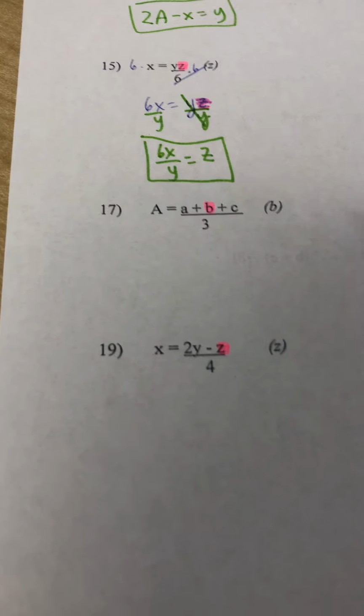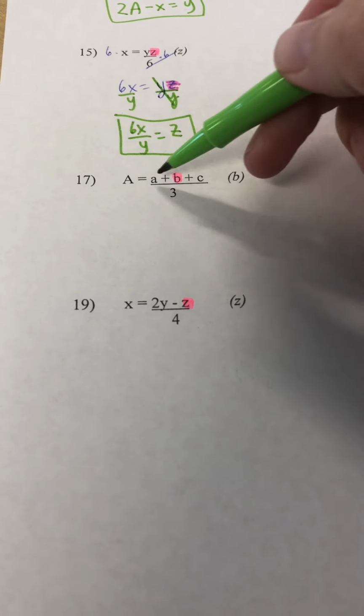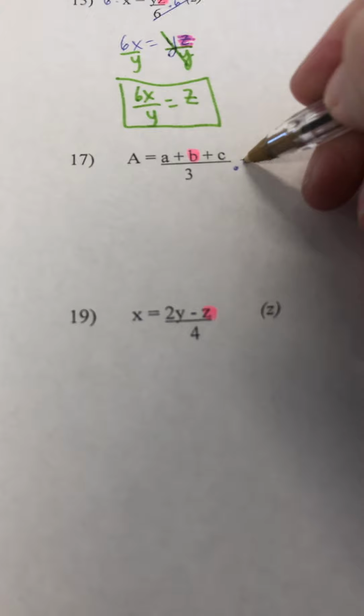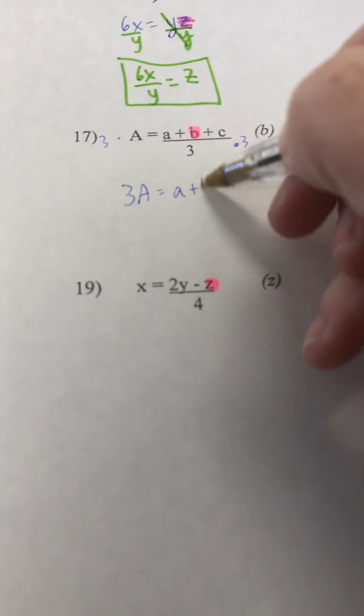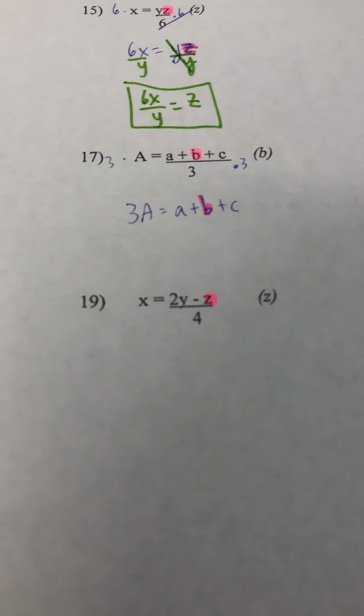Ooh, 17. We've got 3 things. Doesn't matter, it's all in parentheses, right? It's a trinomial. So it says divide by 3, we're going to times by 3. 3a equals a plus b plus c. I want that b by itself.